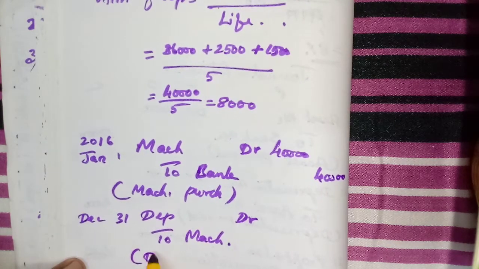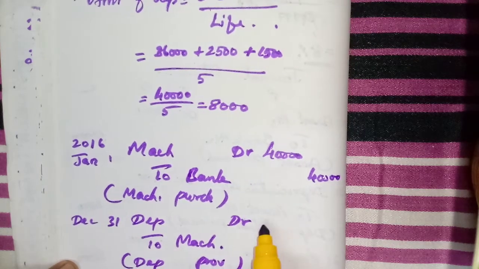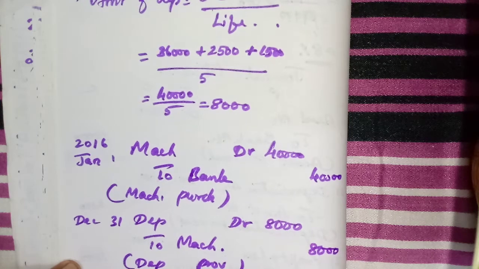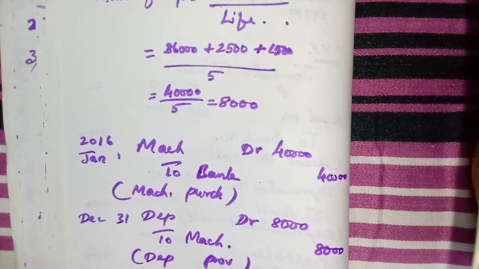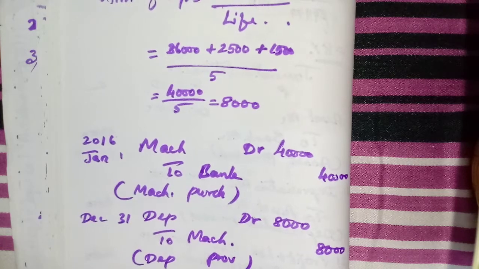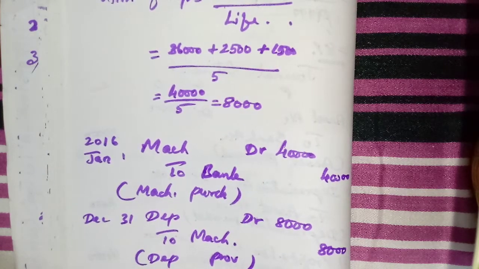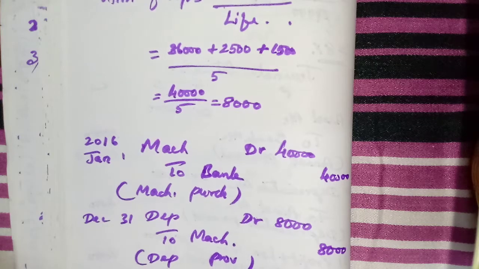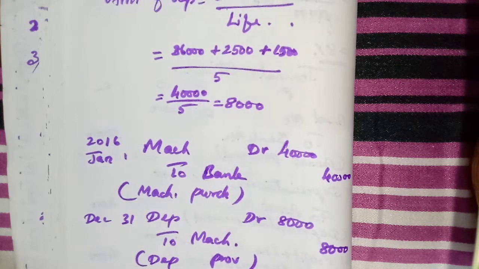Depreciation provided, 8,000. Then on the same date we need to transfer this to profit and loss account. You write fully profit and loss account debtor to depreciation account. Depreciation transferred to profit and loss account. Same 8,000.